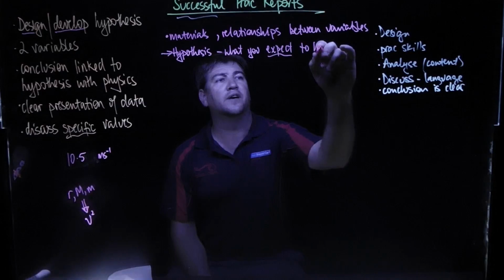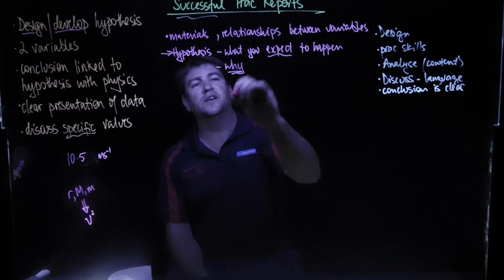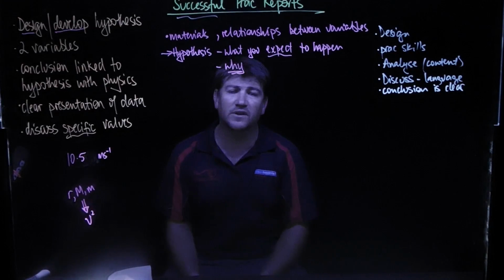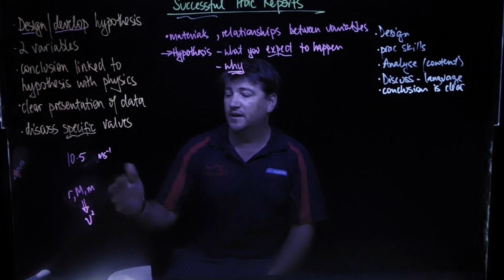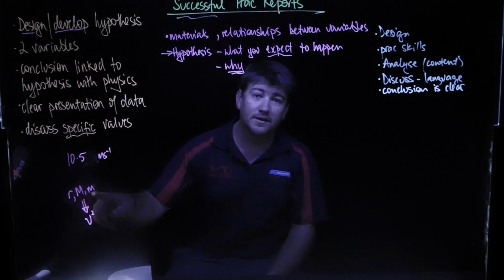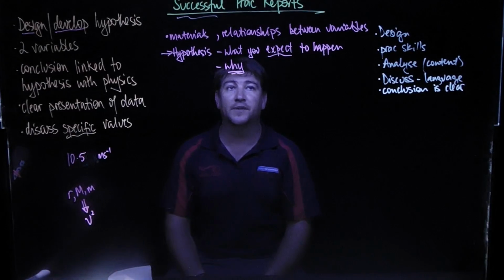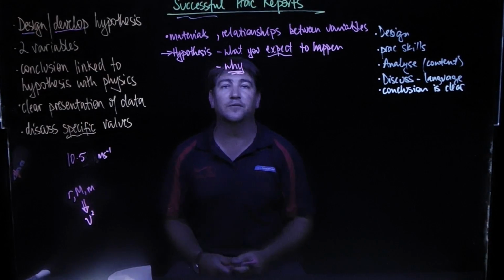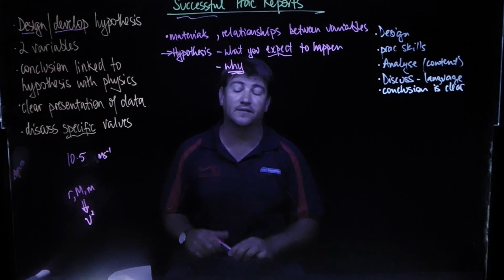So what you expect to happen, and a decent explanation about why you expect that to happen. So it's no good telling me I expect that the more rubber stoppers there are rotating, the slower the speed squared will be. That's good, that's what we expect to happen, but you also need to explain why that's going to happen. Alright, the why part is the bit that adds depth.